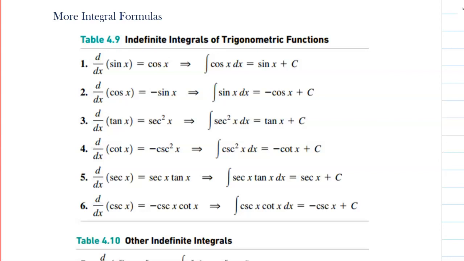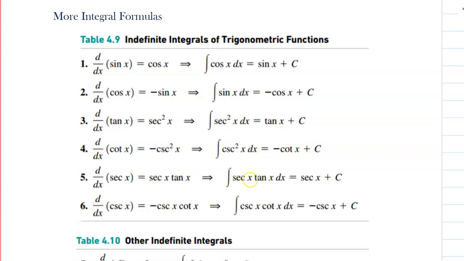If the derivative of sine is cosine, then the integral of cosine will be sine. You are literally going backwards with these integrals. So perhaps if you've memorized your derivatives, then you won't need to memorize your integrals. But both is also good, especially in the beginning while we're getting the hang of things.